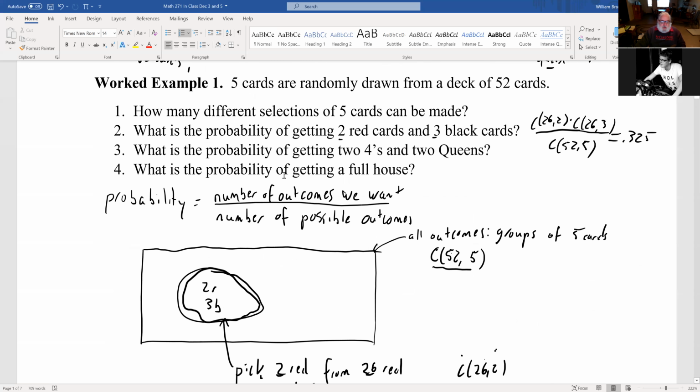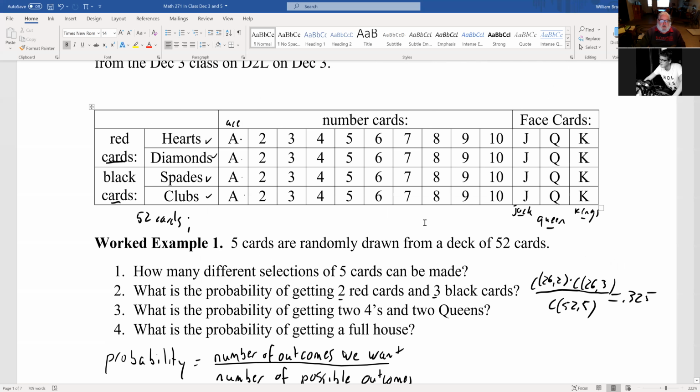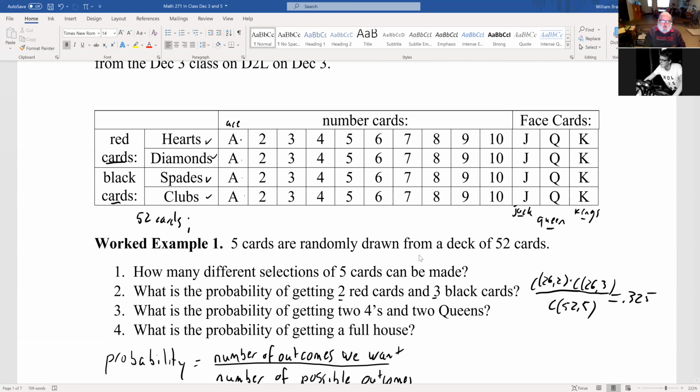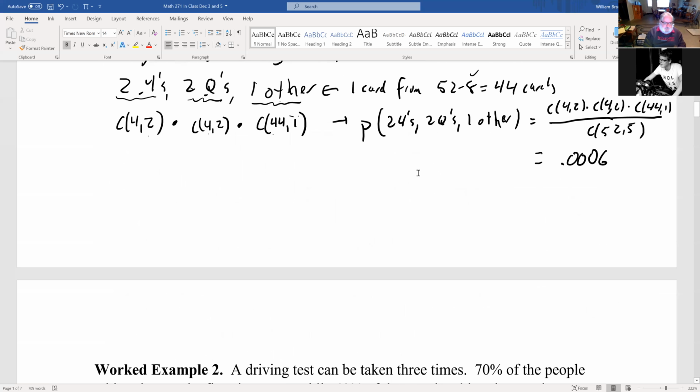And finally, what's the probability of getting a full house? Now, full house is 3 cards of one type and 2 cards of another type. So I could have, say, 3 2s and 2 8s, or 3 5s and 2 queens, right? Those could be a full house. So how do you construct a full house?